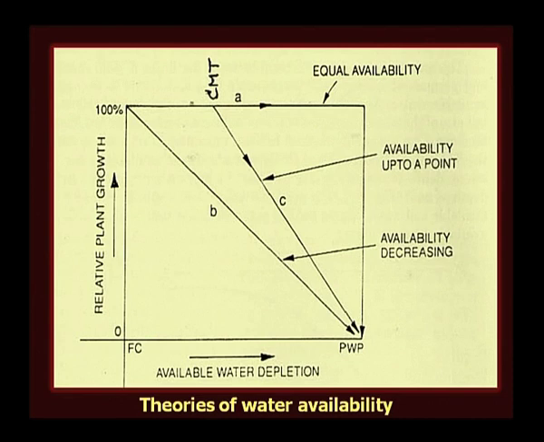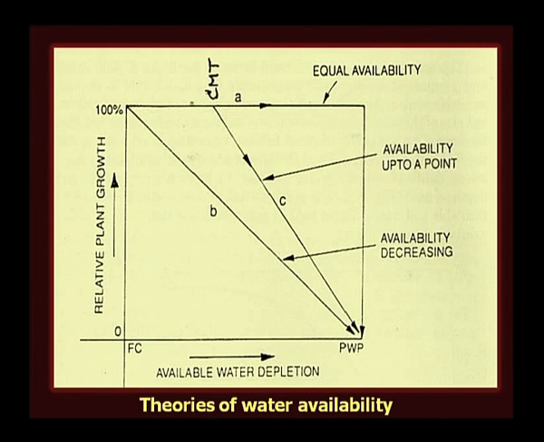The first approach has been shown by A. According to that approach, water availability is constant from field capacity to permanent wilting point, that is, equal availability of water. According to the next theory, water availability is full up to a certain level, known as critical moisture tension.